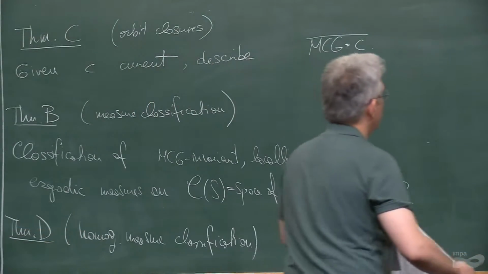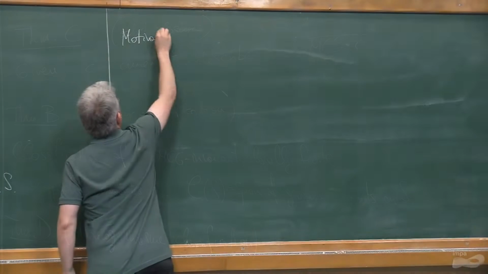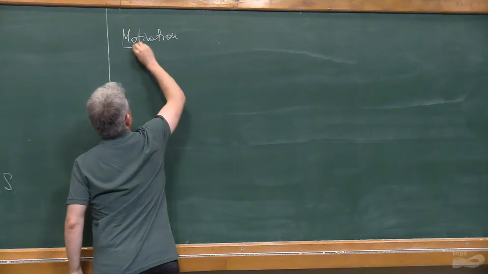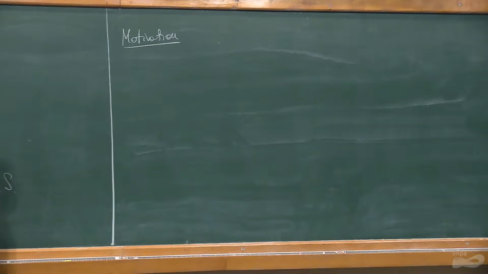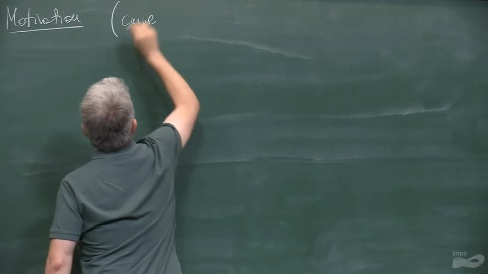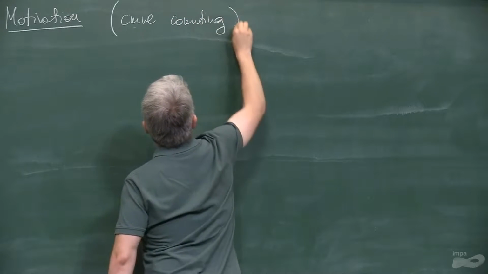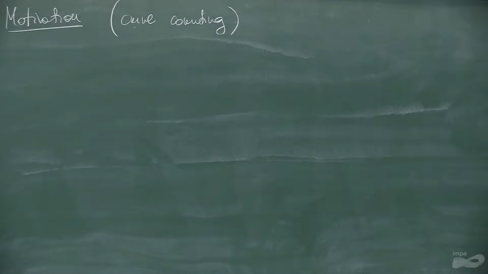Okay, so the motivational part will be quite long because I want to explain. Our motivation comes from a problem which has become popular, which is curve counting problems. So the setting is the following.